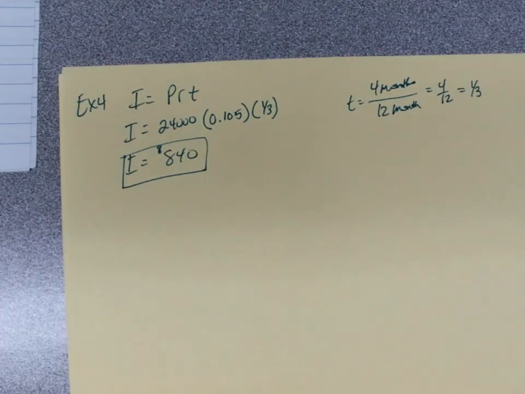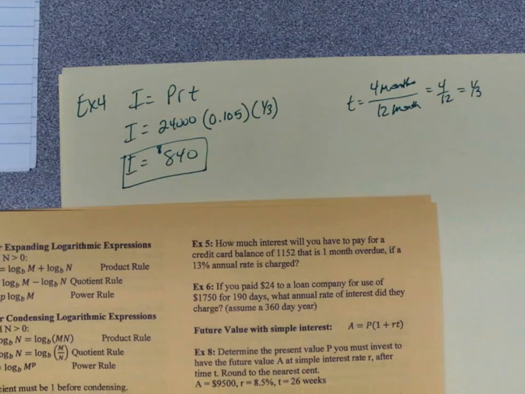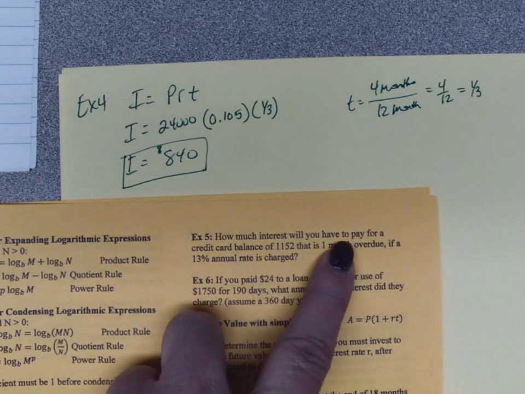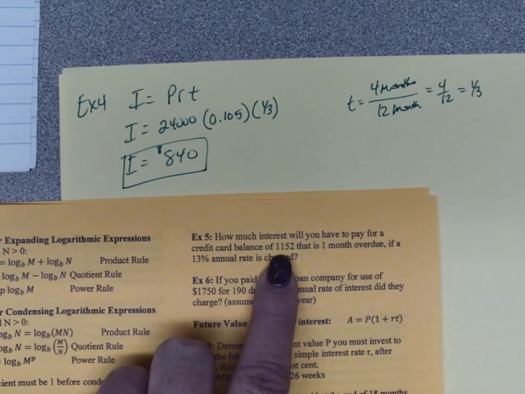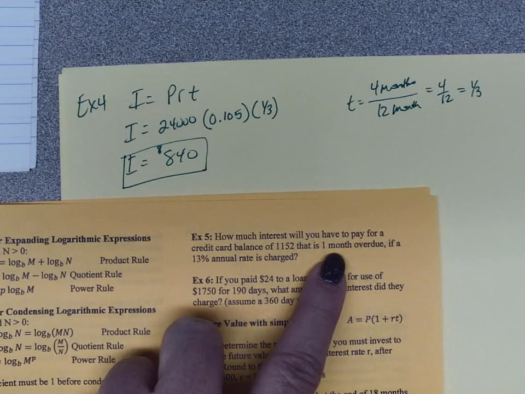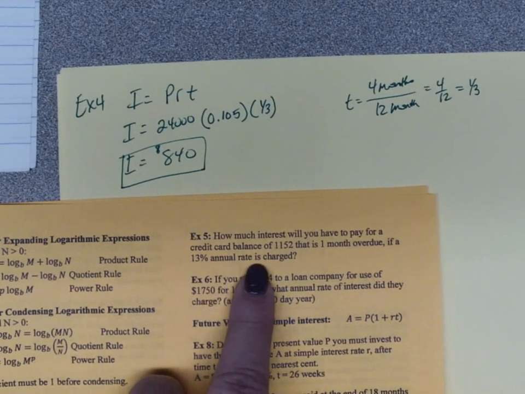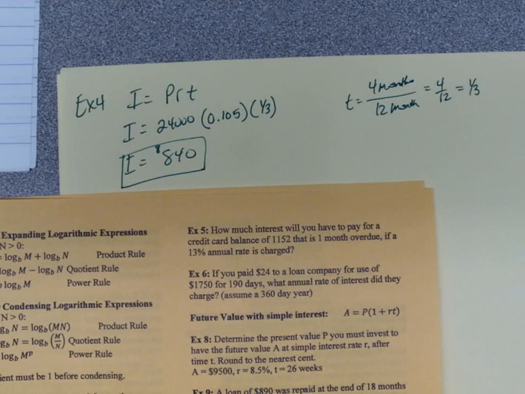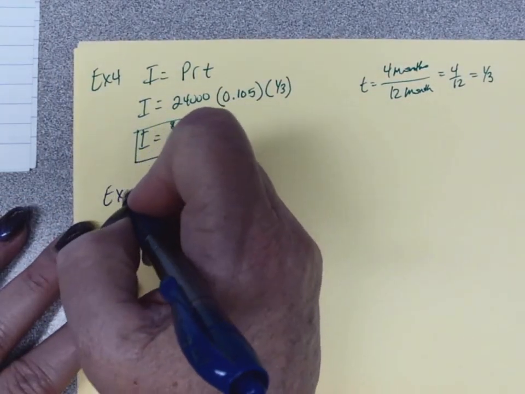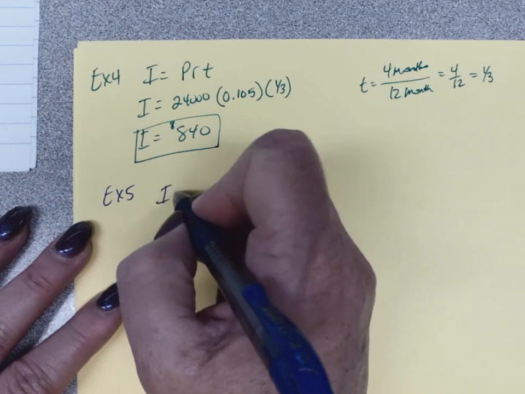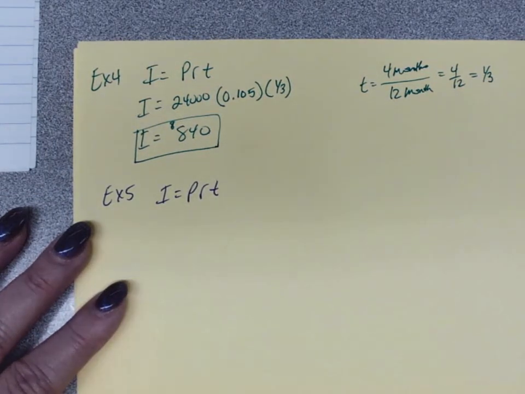All right, example 5. How much interest will you have to pay for a credit card balance of $11.52 that is 1 month overdue if a 13% annual rate is charged? So how much interest are we going to pay? So again, we're looking at I equals PRT.